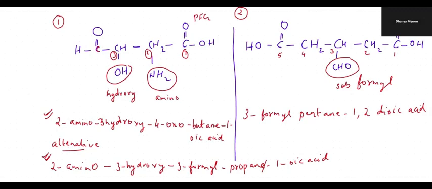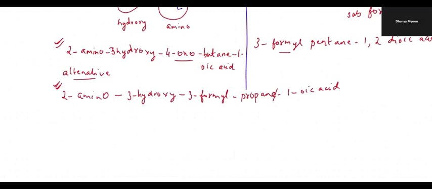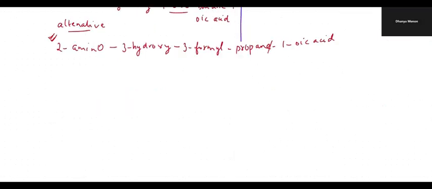So if you number the carbon of the aldehyde, we use the prefix oxo. If we are not numbering it, we use formyl. So I hope both the cases are clear. Coming to the next question. This is the alternative name. I hope you have noted down.